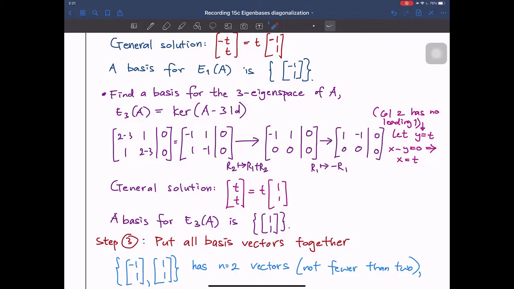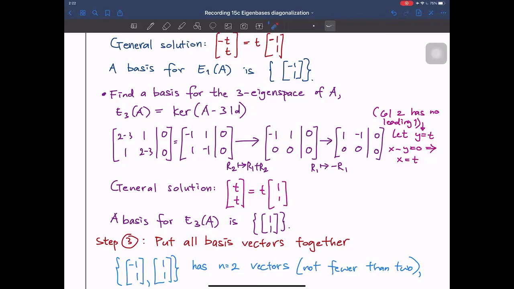So again, I take A, which is 2, 1, 1, 2, and subtract that with 3 times the identity matrix. So I have minus 3 here, but just minus 0 here and here. This is the same as this matrix. So to find a basis, or first find a general solution for the kernel of this matrix, I put this into an augmented matrix form.